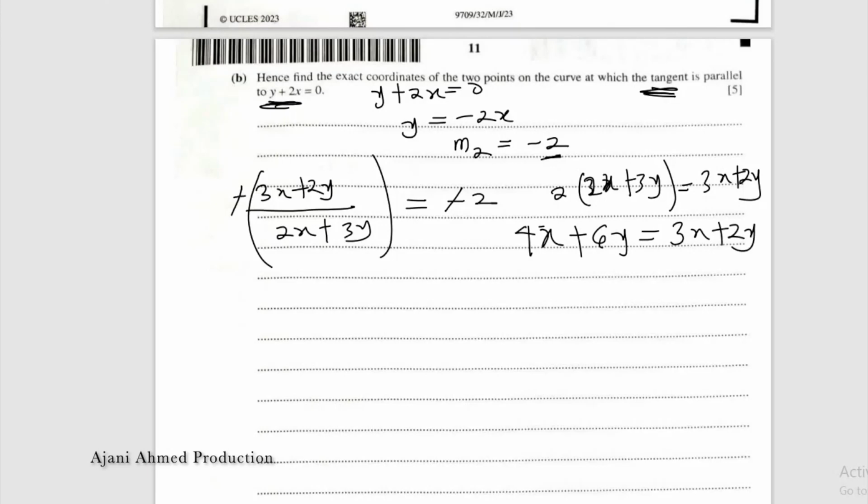Collect the like terms. That will be x equal to minus 4y. Since x is minus 4y, okay, let's substitute x equal to minus 4y in the first equation.